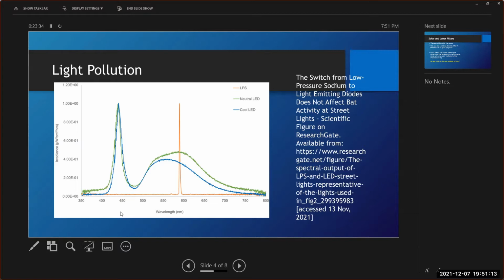Because I had blue LEDs in my flat field box for my imaging rig, and I had to change it to neutral LEDs to get a better flat field coverage. I don't know why. I don't understand what made the difference, but when I swapped out those LEDs, it worked a lot better. And I was told that neutral means it's a broader spectrum and it's more neutral. It's more centered on the visible spectrum.